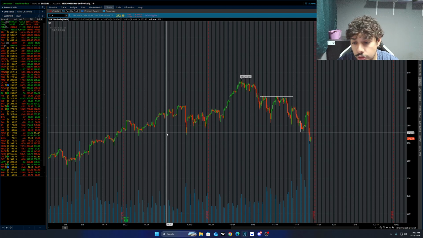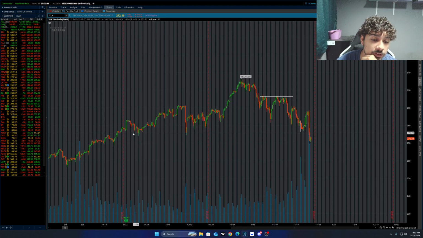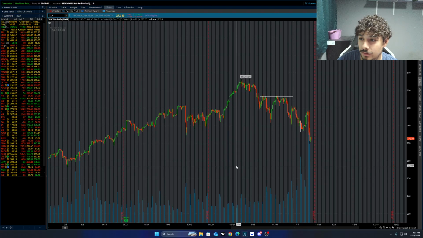Doesn't matter where the trend line is, doesn't matter where the demand zone is. Everything's based off luck. Unless you're a bank, which I doubt, or a market maker, you're not predicting the market. You're not going to know 100% where the market's going next.